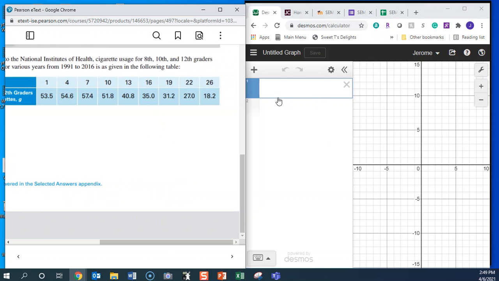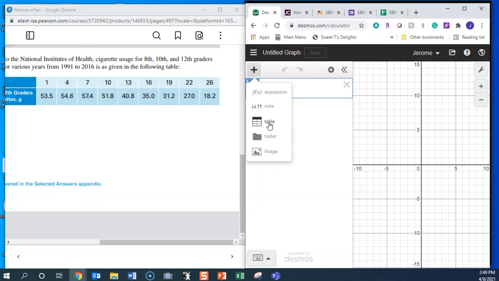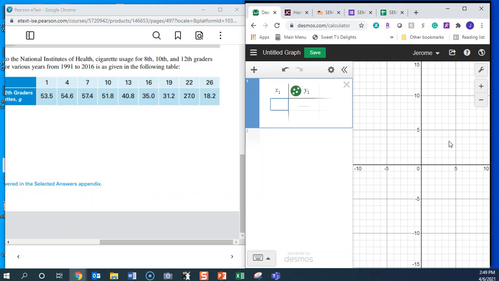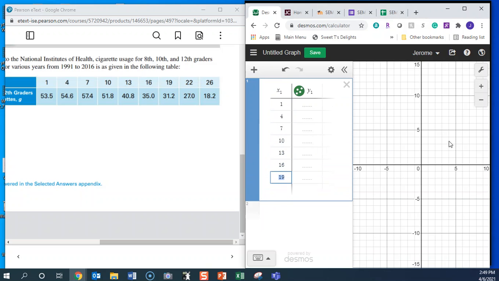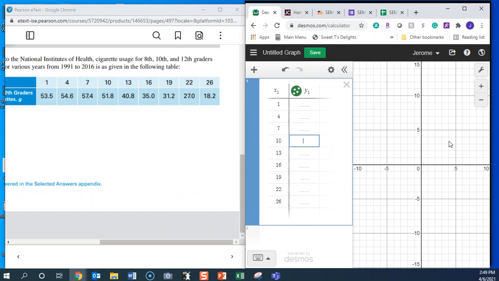Okay, so we're going to add a table. We're going to type in the numbers. We have 1, 4, 7, 10, 13, 16, 19, 22. But that last number is 26, not 25.